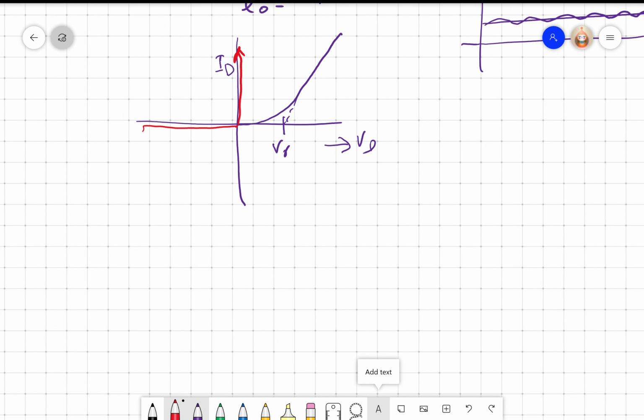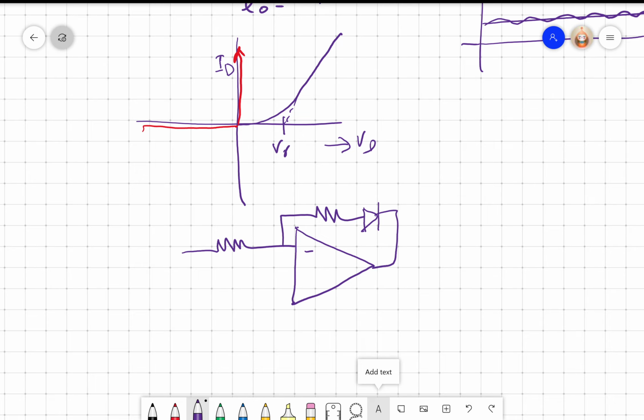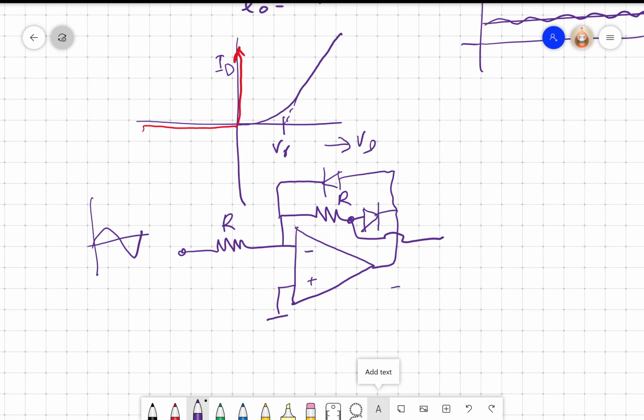So we use an op amp again, right? So if I now give a sine wave here, this is also R, this is also R. When this is positive, this will become negative.